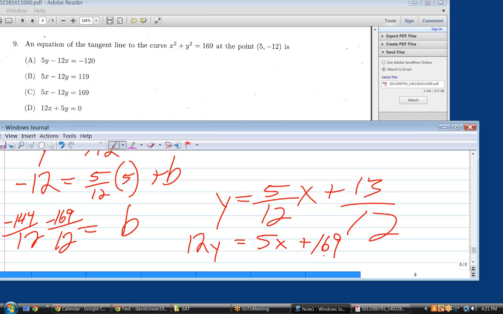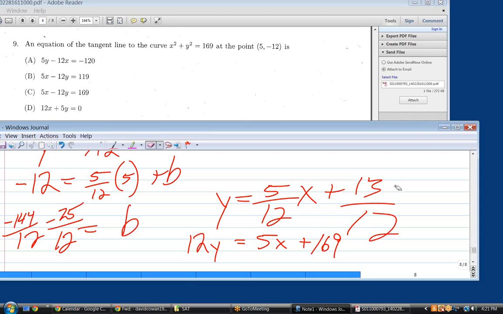Wait, so no, b is equal to 169? Hold on. Yeah, let me go back. Let's see. I had 144/12 subtracting 25/12. So b is equal to minus 169/12.